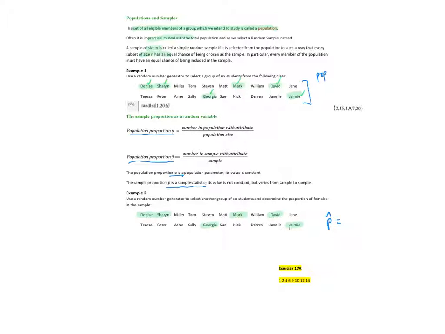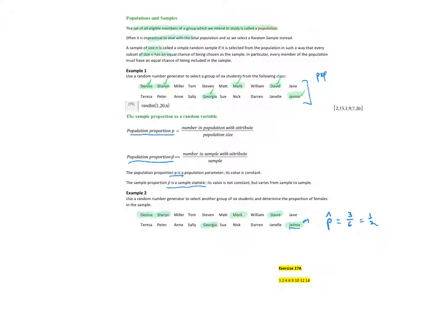Oh, I don't know if Jamie's male or female. I'll call it male. I'm not sure, fellas. So Denise, Sharon, Georgia, that's 3. So my sample proportion, P hat, is a half. So that's my sample proportion, okay?